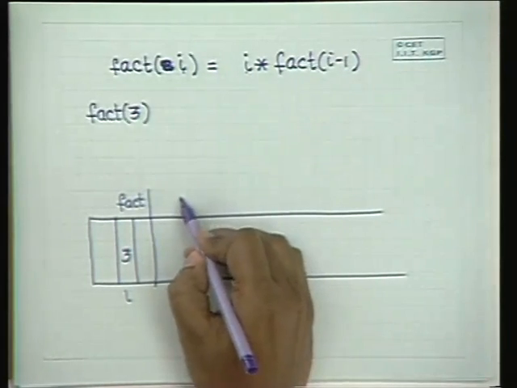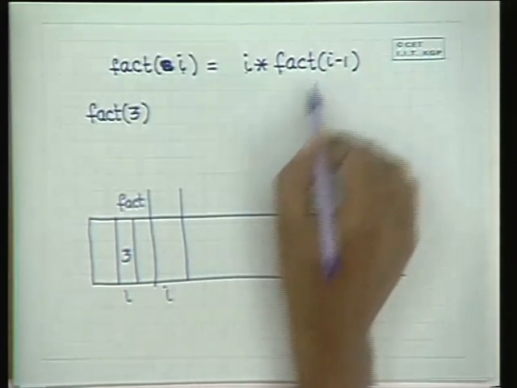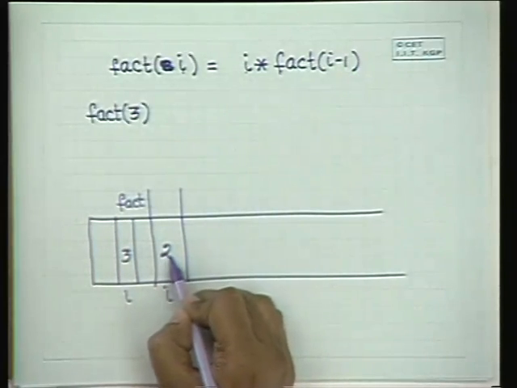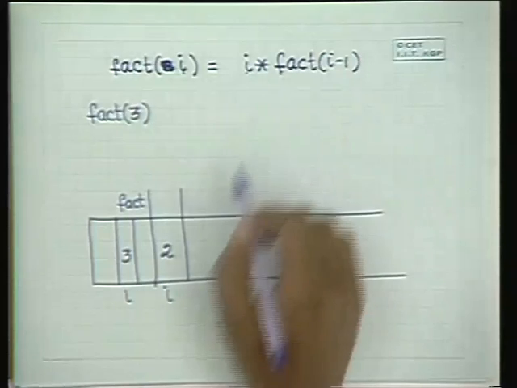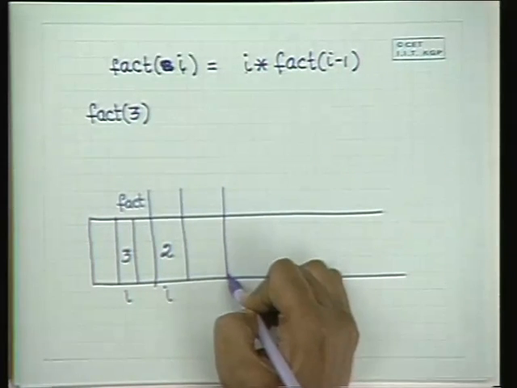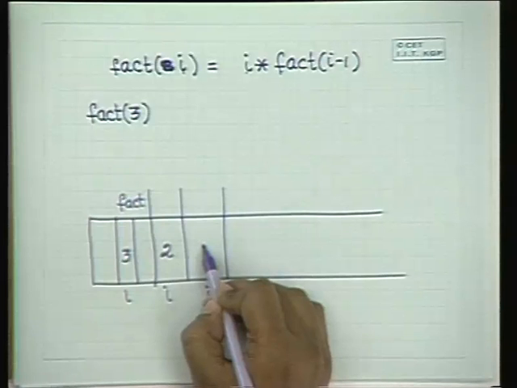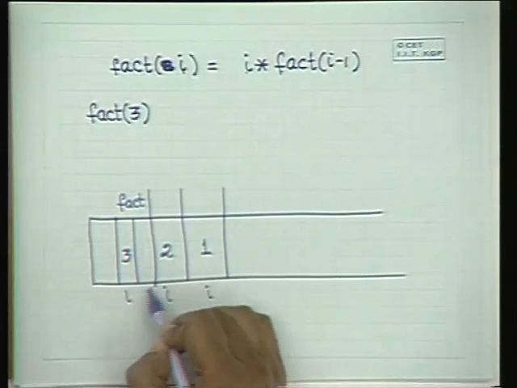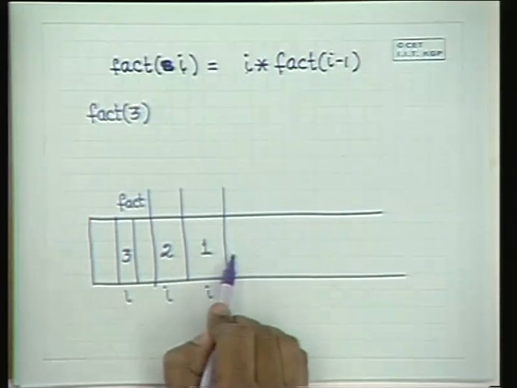So another data segment here for I is created with value I minus 1. So you get 2. Now once you get 2, since this is still greater than 1, again you call fact. So another data segment is created with the value of I to be 1. So new copies of the data segment continue to be created one after another like this.